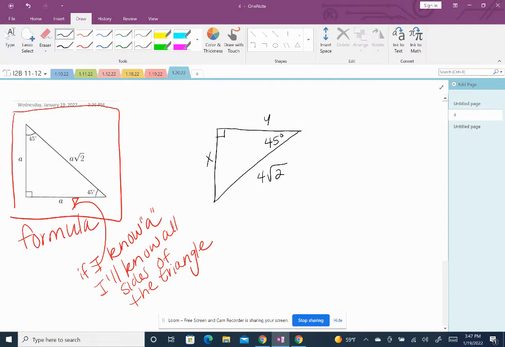So let's see if I can figure out. So these are going to be my 2 legs. See how it comes out from that 45-degree angle? Okay, so this is going to be one of my legs. This is my 45 degrees.